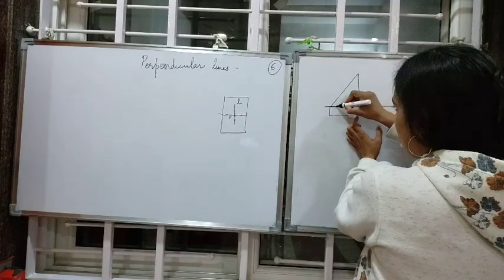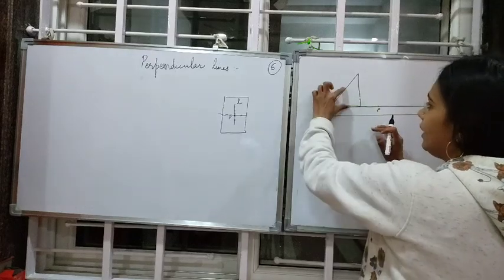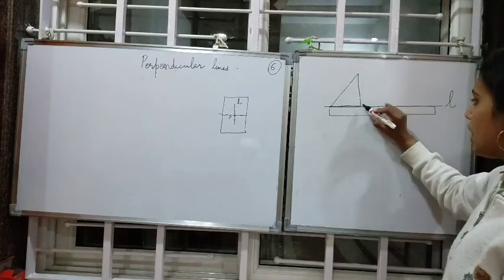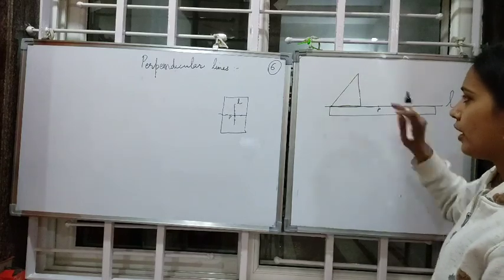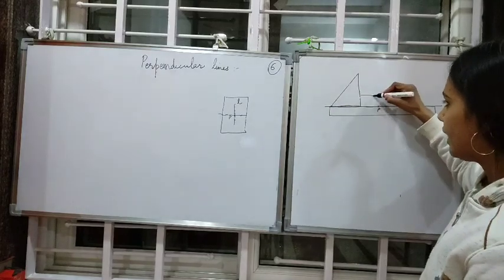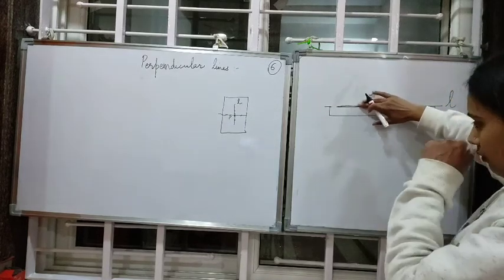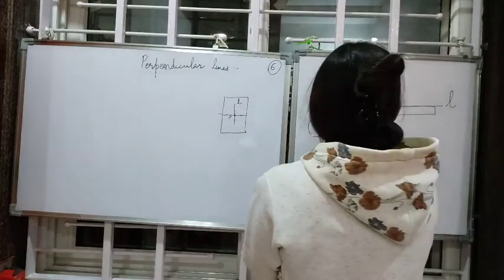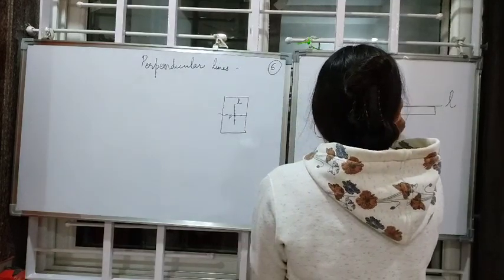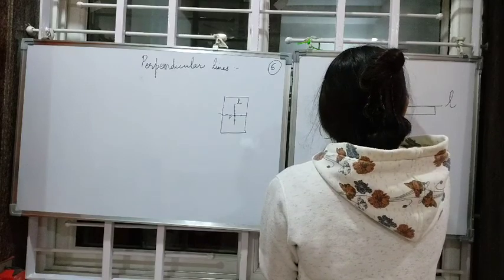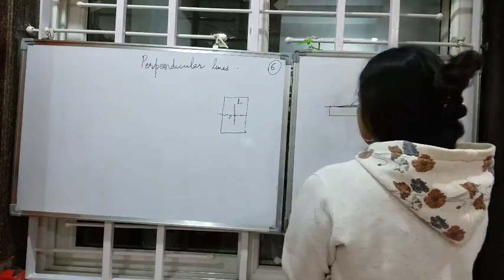Okay, this is your set square. And gently slide your set square until it touches point P. So, when you are sliding, it will reach here and will come here. Something like this.